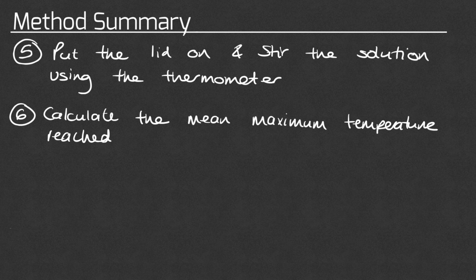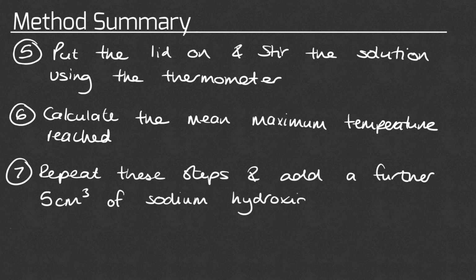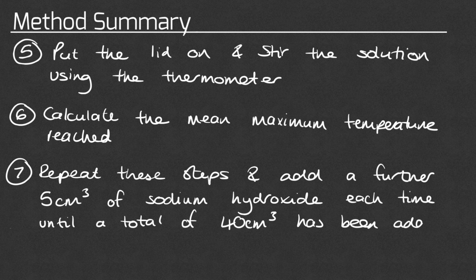You would then take the reading of the maximum temperature reached. You'd repeat this experiment twice so you could have a mean value. You'd then repeat each of these steps and add a further 5 centimetres cubed of sodium hydroxide each time until a total of 40 centimetres cubed has been added.